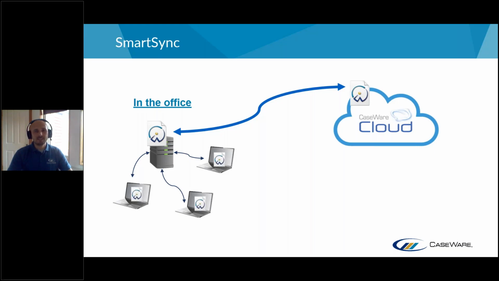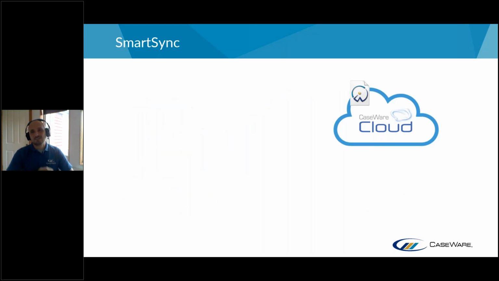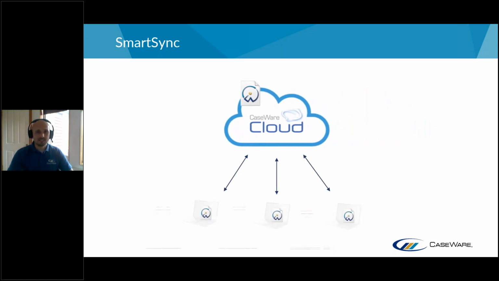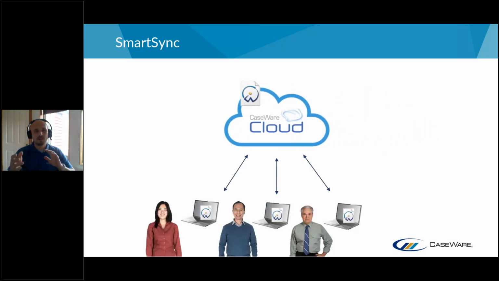That means we can access the file on our local server, and at the same time also access it through the cloud. So if we didn't have access to your local server, everyone can continue working and updating the file, and any changes from one person's file would then sync into another person's machine.